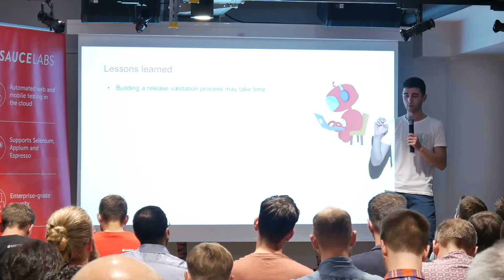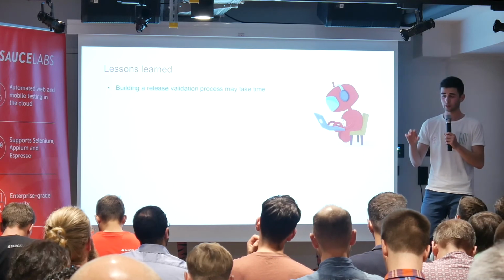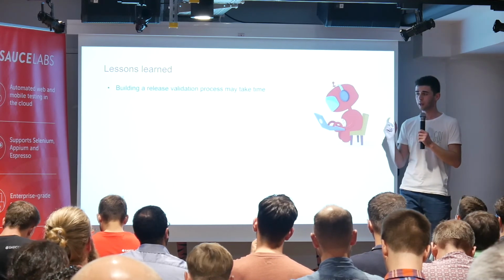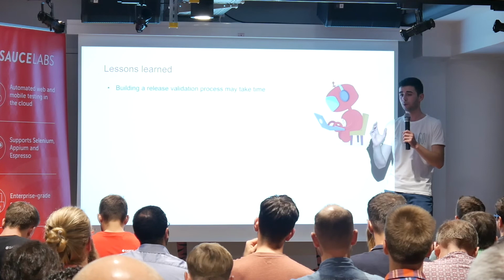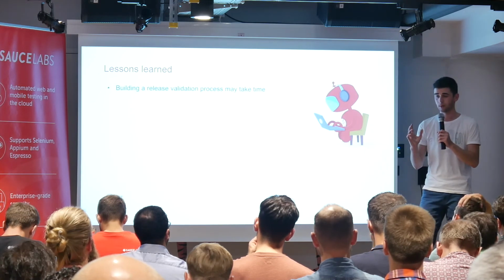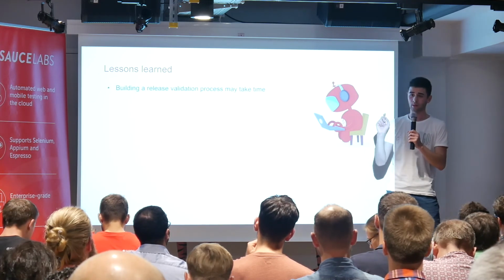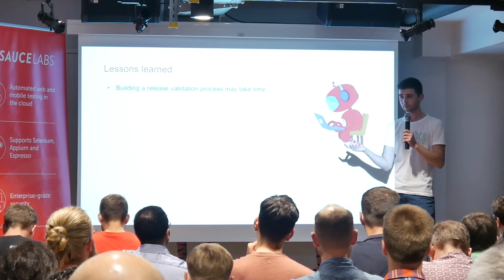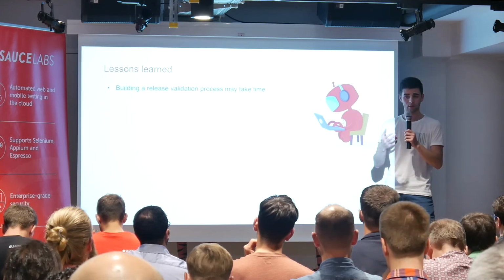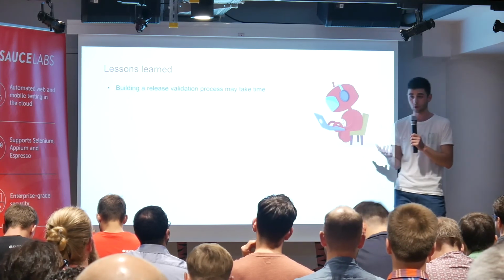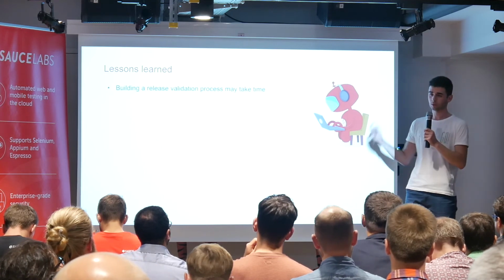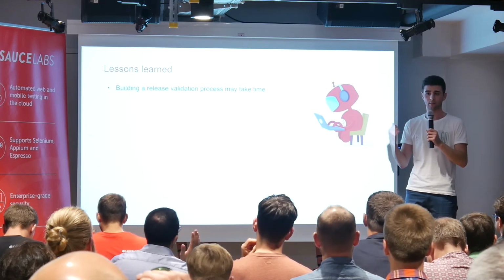Then when we are sure that everything is working, we deploy, and we keep watching that deployment. When it finishes, we trigger our tests against production to make sure they are still working. If not, we just roll back and deploy the latest one.